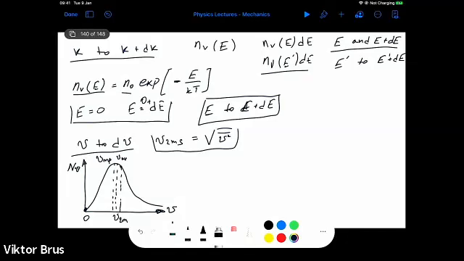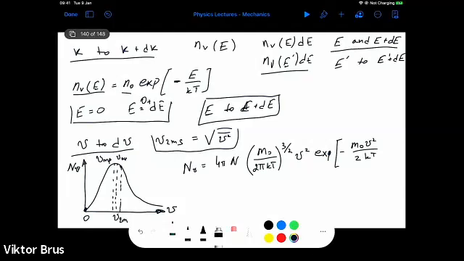So the Maxwell-Boltzmann speed distribution function is N(v) equal to 4π N, where N is the total number of molecules, times (m naught over 2πkT) to the power of 3/2, times v squared, times exponent of minus m naught v squared divided by 2kT.